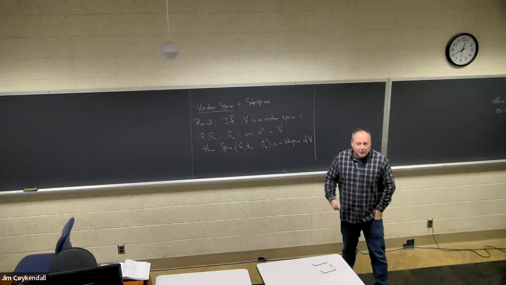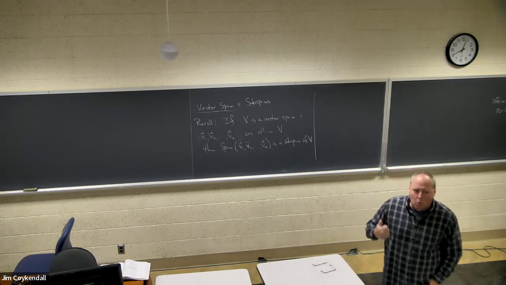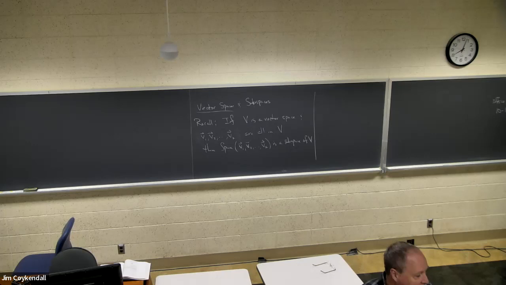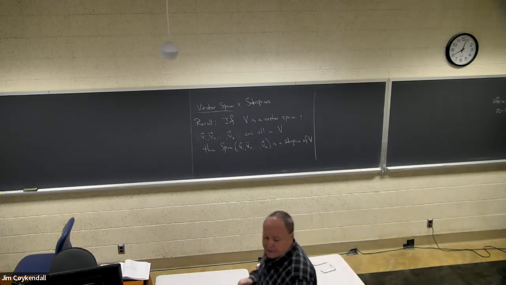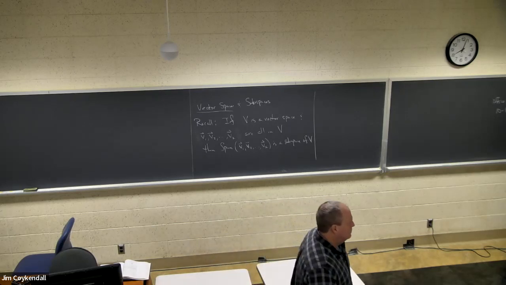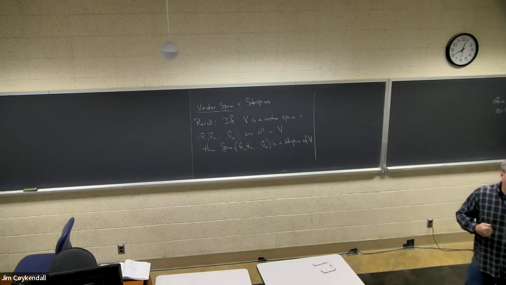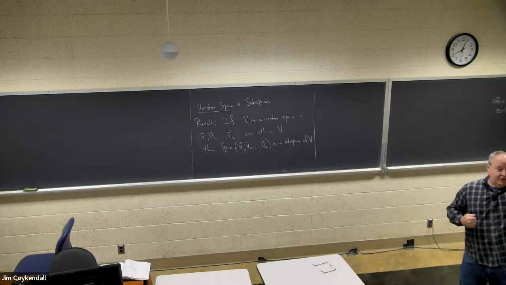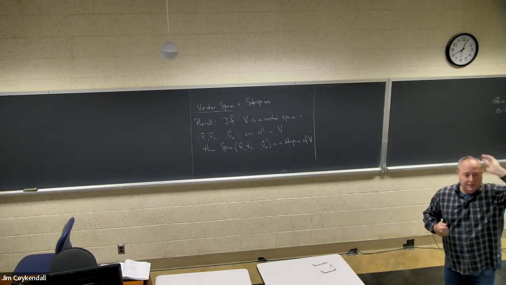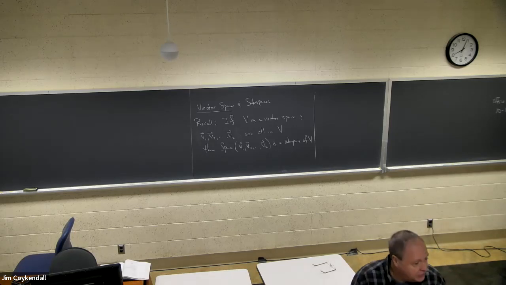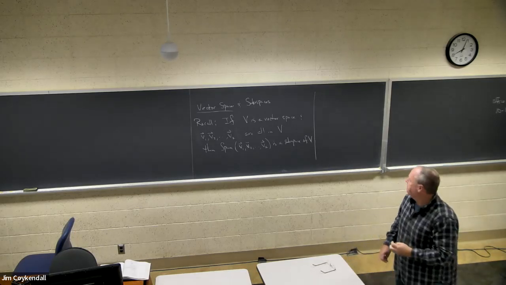Let's check that out. Does anybody remember what 3 things a subset of a vector space has to have going on for it to actually be an honest to goodness subspace? Has to have the 0 vector and what else? It has to be closed under addition and scalar multiplication. Y'all remember that?